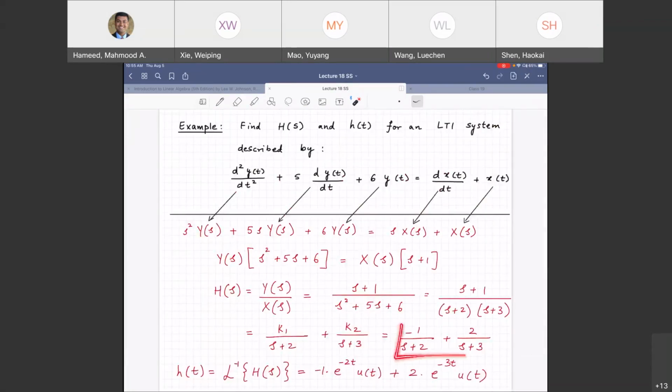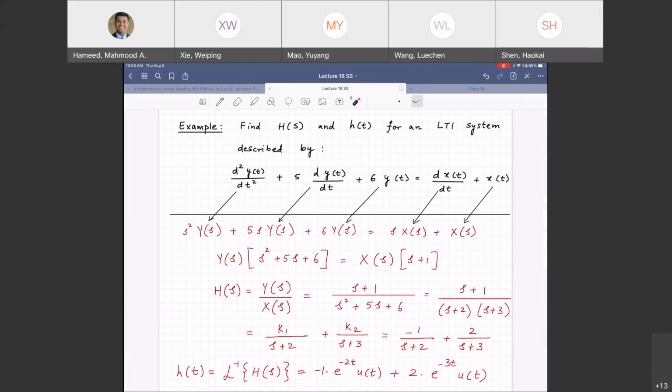Next, I have found H(s) and put it into a form on which I can apply standard Laplace transform results. So the inverse Laplace transform of this is what? For this, I get -1 times 1 divided by s plus 2, which gives me e to the -2t u(t). That's a standard pair.